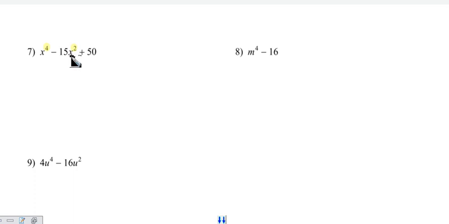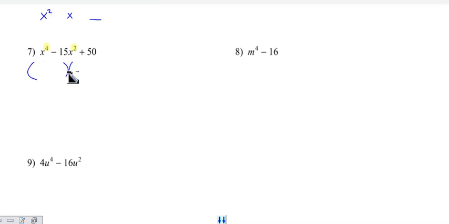Remember, when we've looked at all the problems before, we've had a squared term, a single term, and then we've had a constant. As long as your middle term, your middle variable, if you take it and you square it and you get the first variable, then it is still in quadratic form. We've got a squared term, a single term, and a constant. So I can use my same technique for factoring.